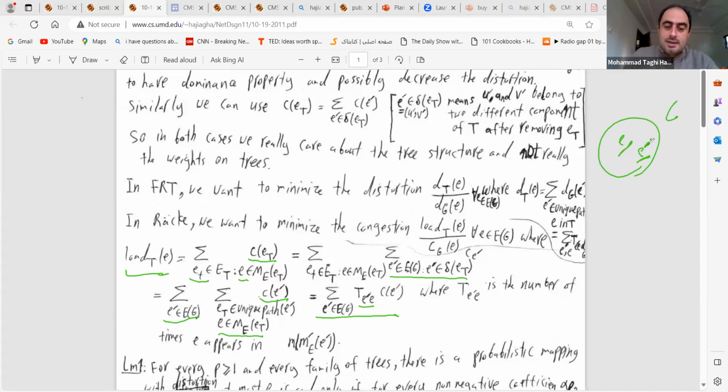whose corresponding path in the tree actually goes through E. Here T E prime of E is the number of times E appears on the path of E prime.